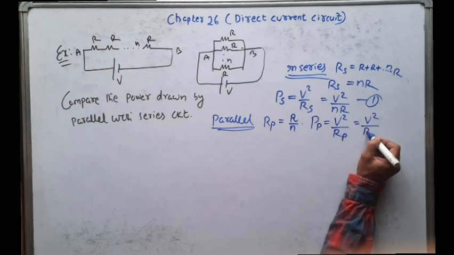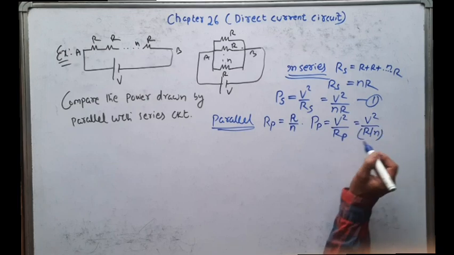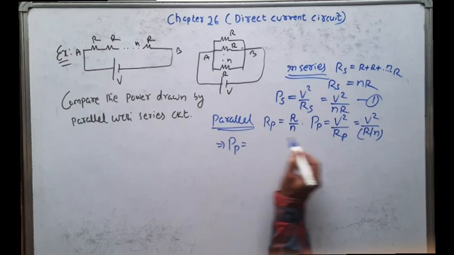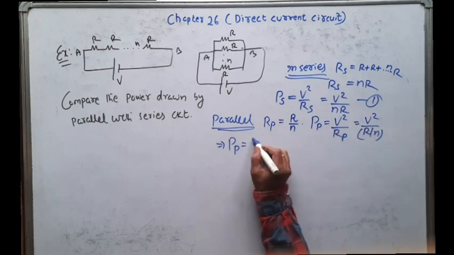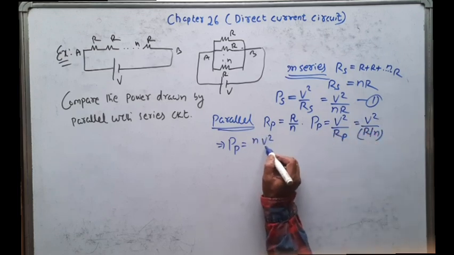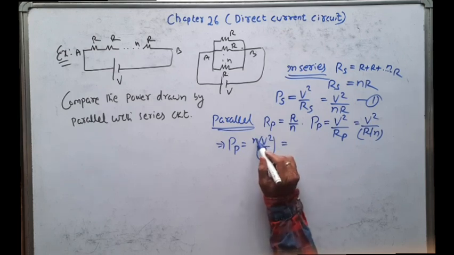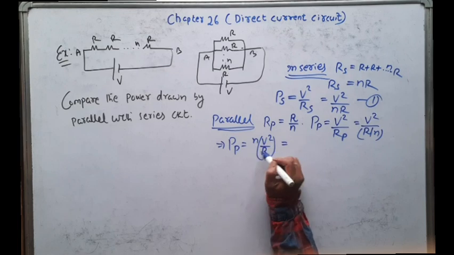Rp is equal to what? R by N. So power consumed in the parallel circuit is equal to N into V square by R. Just multiply N in numerator as well as denominator.